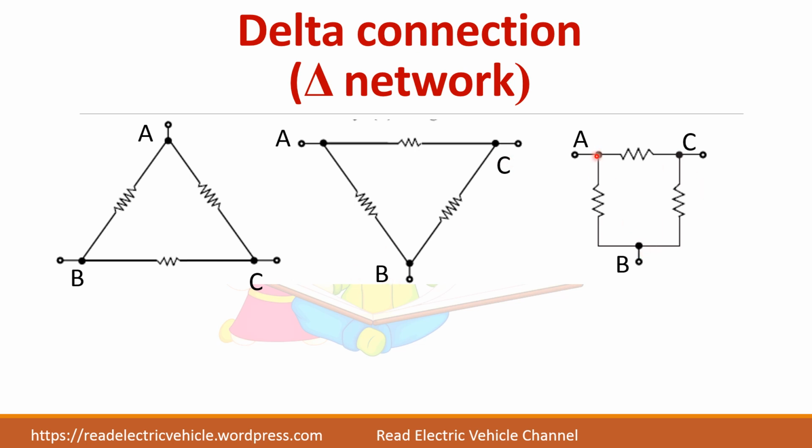You see here, all three are connected together in a sequence. So this is also delta network. In most of the problems, they may give you like this. This is a delta network. You have to identify that this is a delta network because one end of each phase is connected to the other phase.